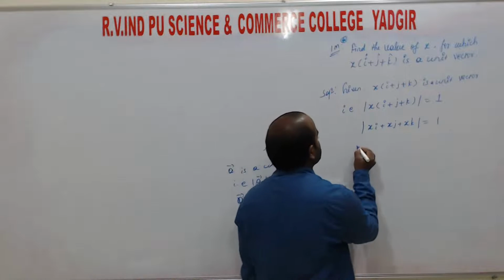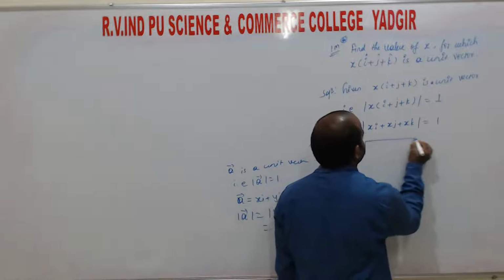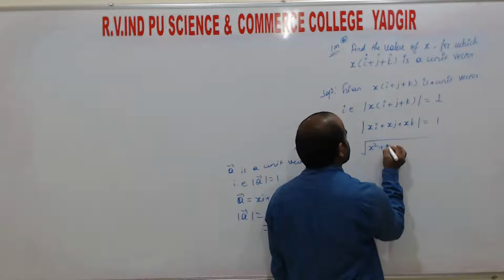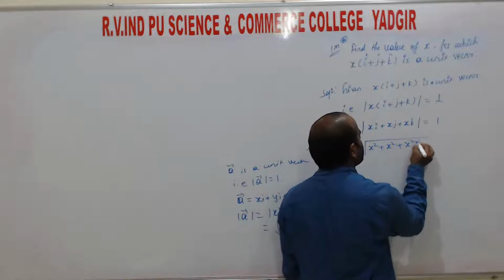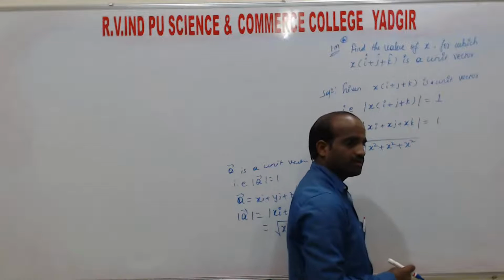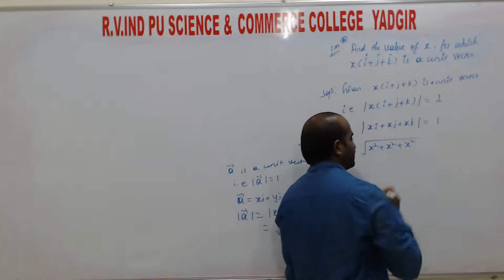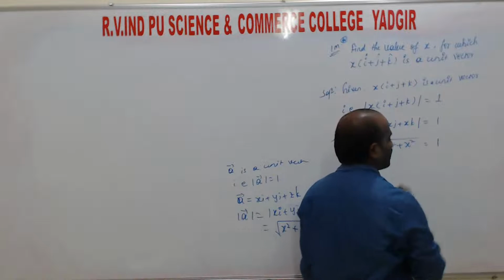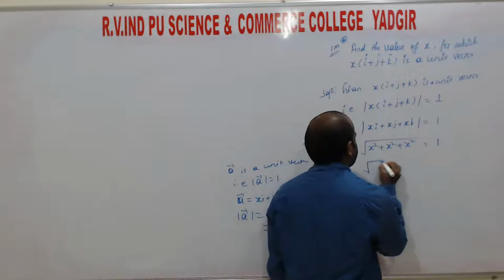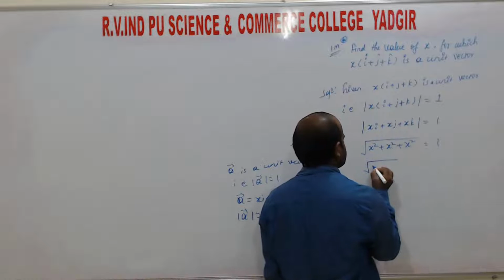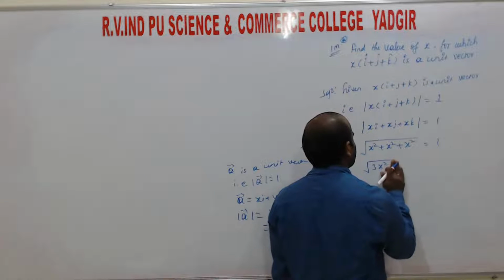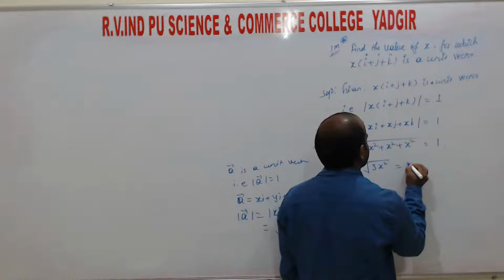Replacing x, y, z all with x, root of x square plus x square plus x square, that is 3x square, is equal to 1.